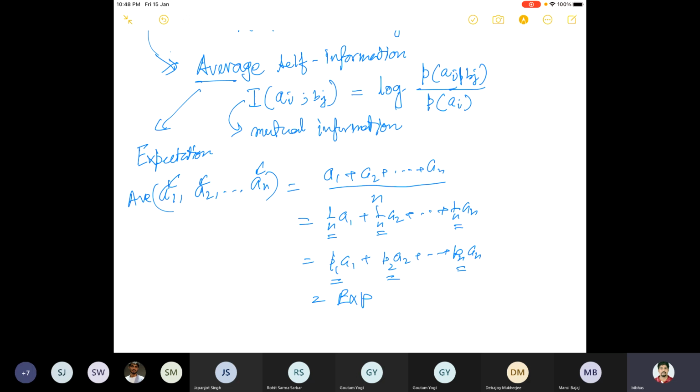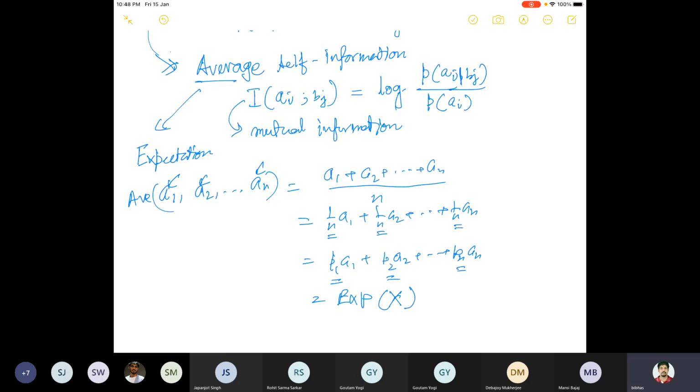Expectation means you're doing the average, but here the probability values could be different. They need not be constant or the same; the outcomes are not all equally likely. So this is the expectation of A1, A2, ..., An, or the expectation of the corresponding random variable X, which has all possible outcomes A1, A2, ..., An.